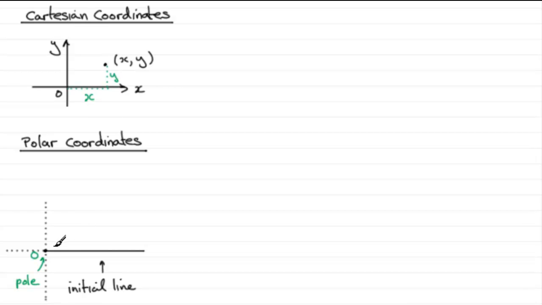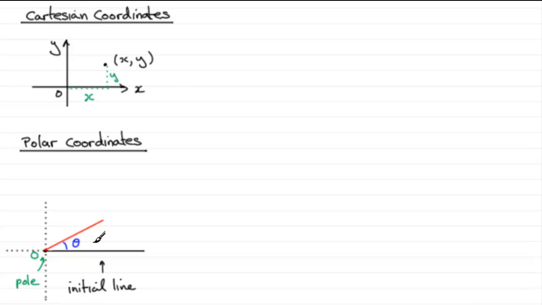So if I say that we take a certain length, that point could be anywhere on a circle with the centre at the pole. Now, to fix it, we not only need to define the length, but we need to say what angle it makes with this initial line. So if we put an angle in here, we'll call that angle theta.